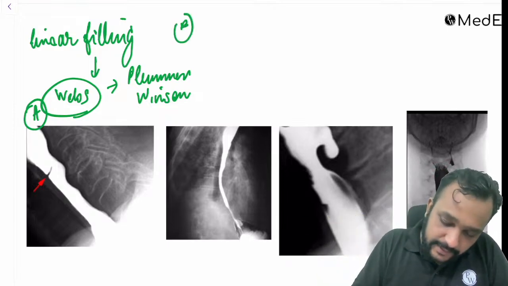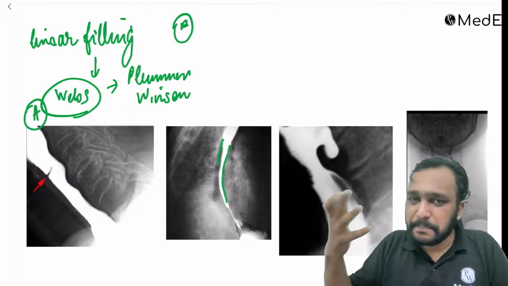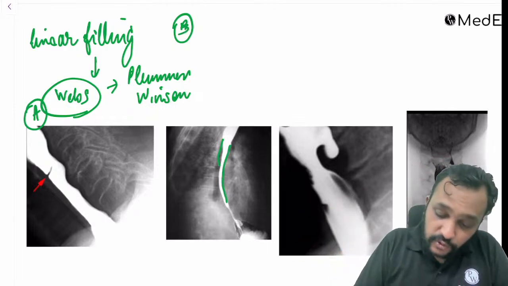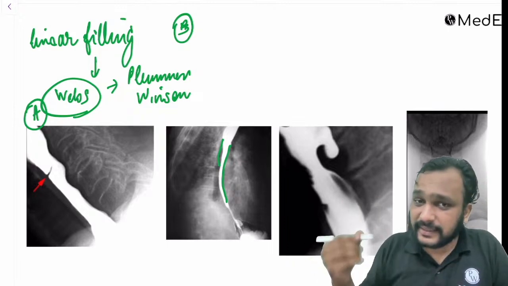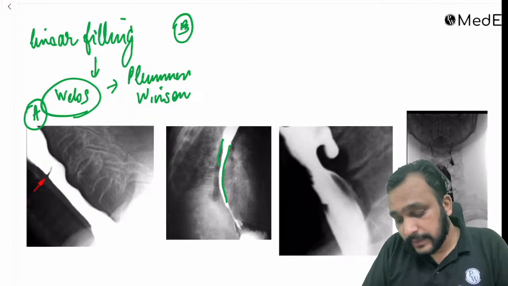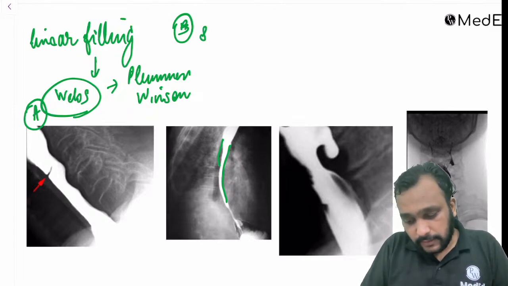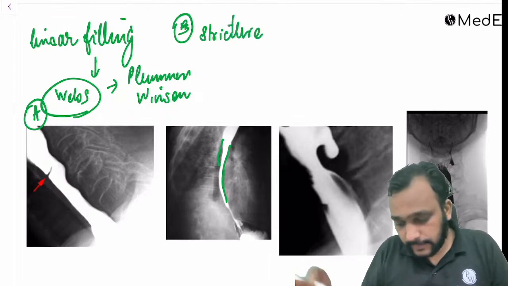And in the second image, guys, we can see that there is smooth narrowing of the mid and distal esophagus. That is seen in patients with esophageal stricture, right?